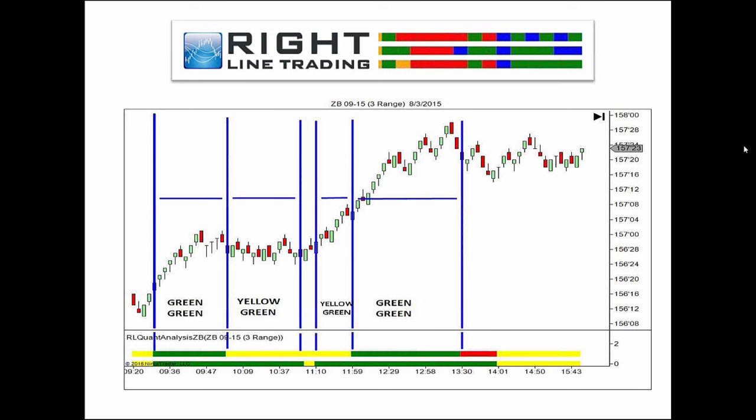Well, this indicator does it for us. And you can see that bonds rise, and the quant lines are green, not because bonds rise. Bonds rise because the quant lines are green. The quant lines are telling you that money is flowing strongly into bonds. And the positive predictive value of a long trade here is exceedingly high.